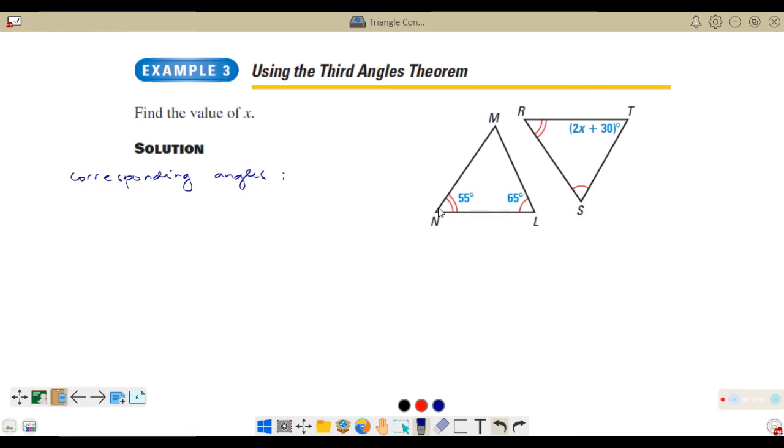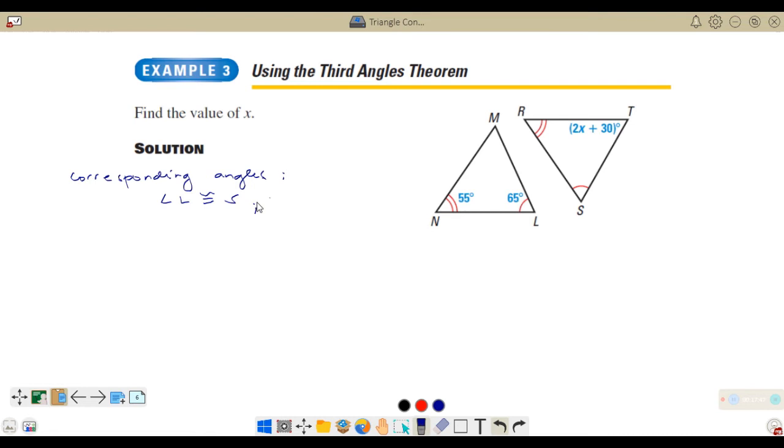So we know that angle L is congruent to angle S because they have the same marking, number of curves. Ayan.